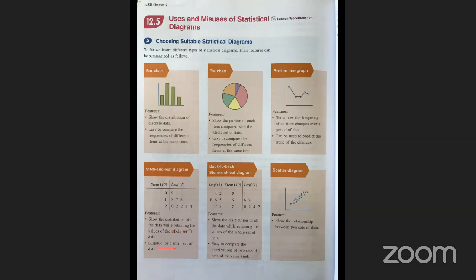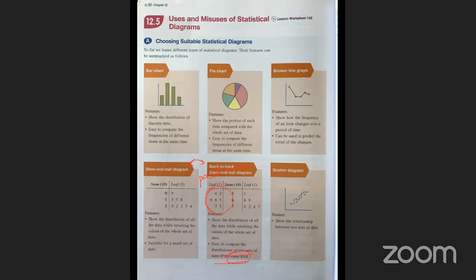And then back to back stem and leaf diagram is quite similar to this one because they are actually the same type. But when we use it to compare 2 sets of data of the same kind, for example, this one is talking about 50 something, 60 something, 70 something, maybe pocket money every day.